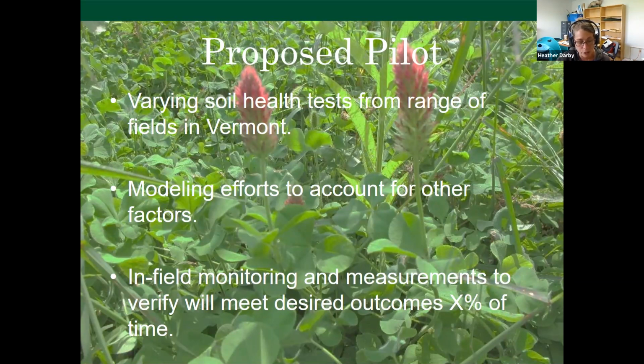And again, looking towards Cornell for the baseline data that they have, just to even get us started. That would help us select field types that we may want to look at. And then we have to decide how many fields we actually monitor and measure. But I think this is a good place to start.